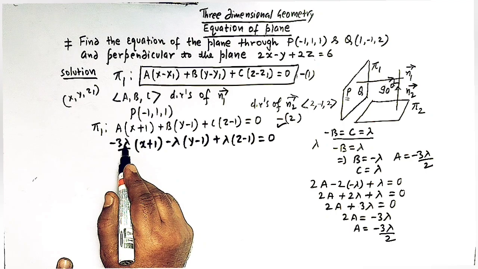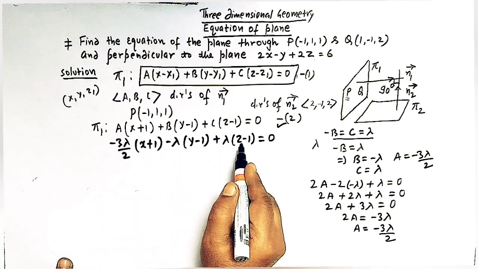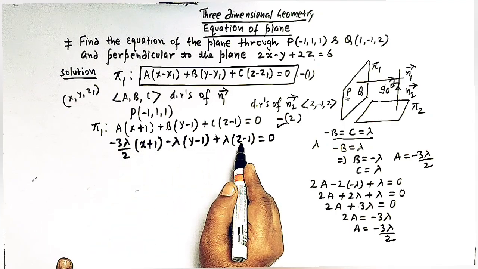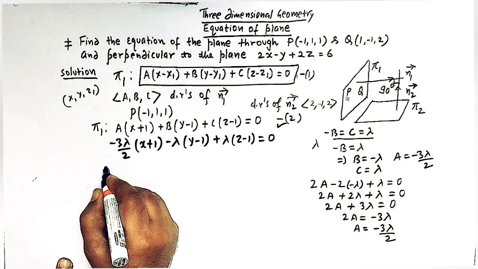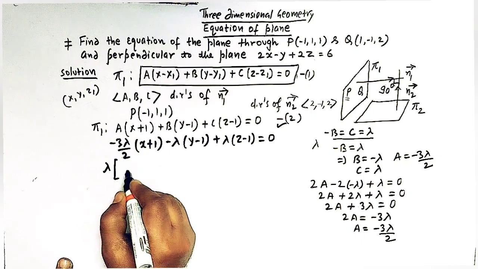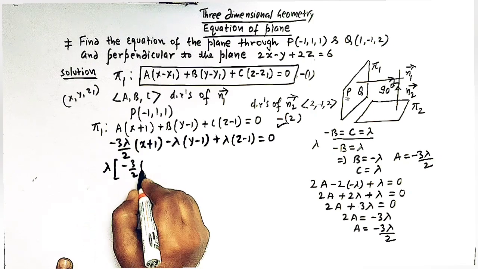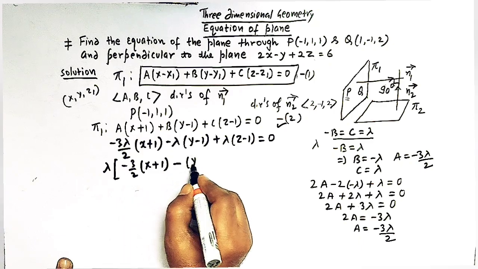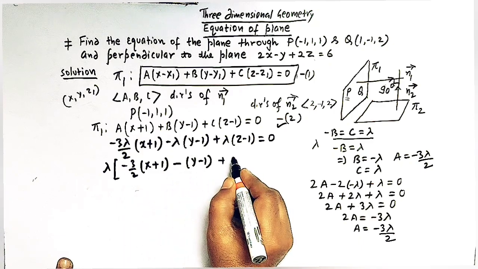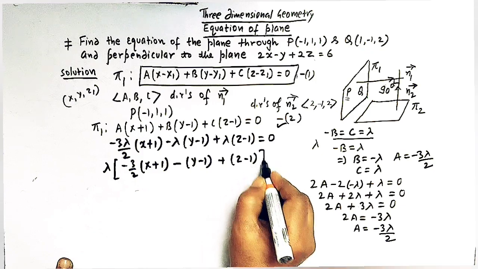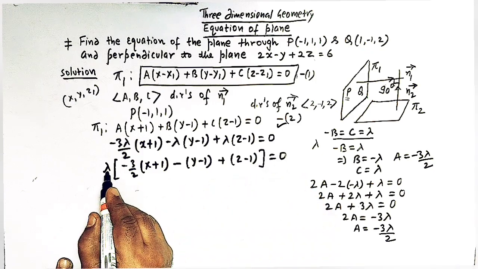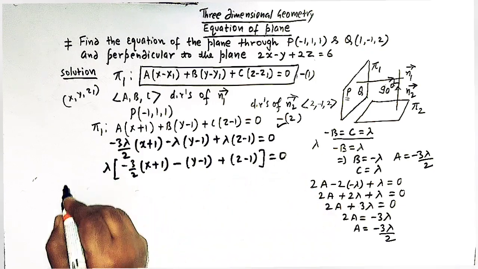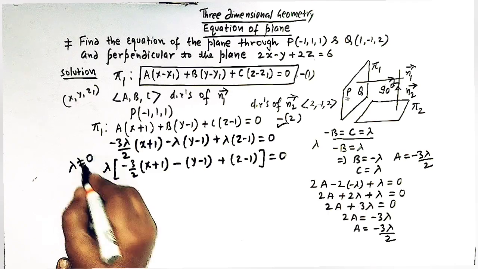Now see here lambda appears in all these three terms, right? So if we take lambda as common, so we have minus 3 over 2. Here we have x plus 1, then we have minus y minus 1, and here we have z minus 1 is equal to 0. Now this scalar or this real number lambda is not equal to 0.